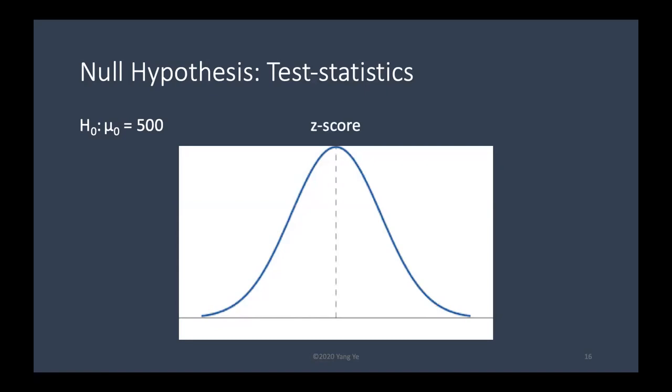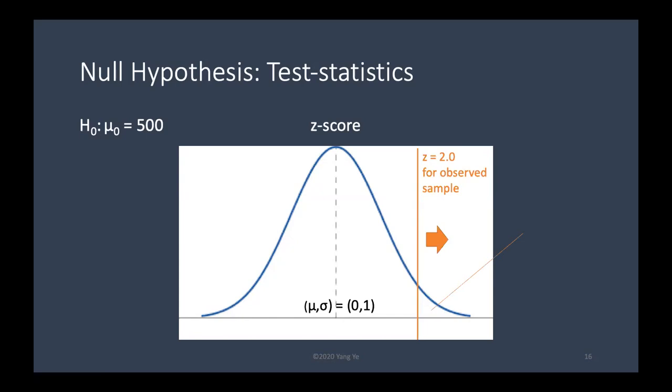So the original mu0 equals 500 now has been centered and scaled so that the sample mean has a distribution of mean 0 and standard deviation of 1, standard error of 1, okay? So now for our observed sample, we could calculate that the z-score is 2.0. It's 550 minus 500 divided by 25, which is 2.0, okay?